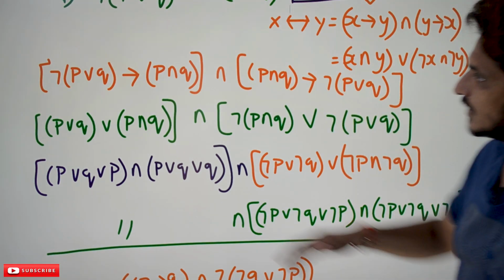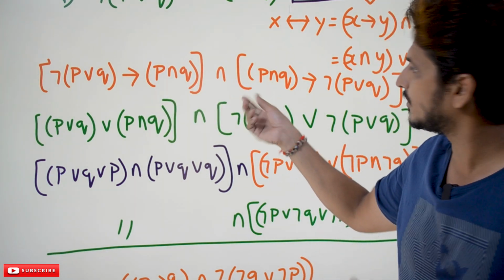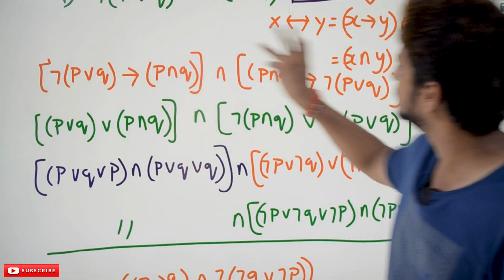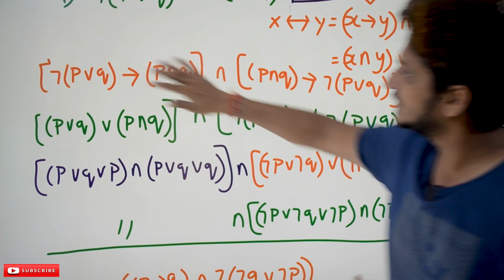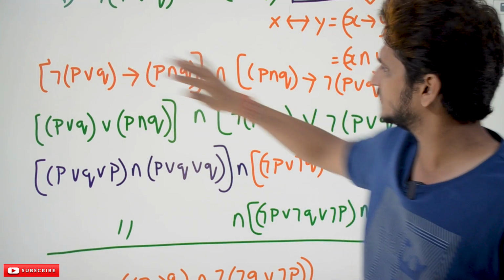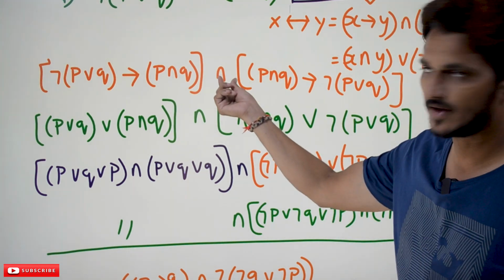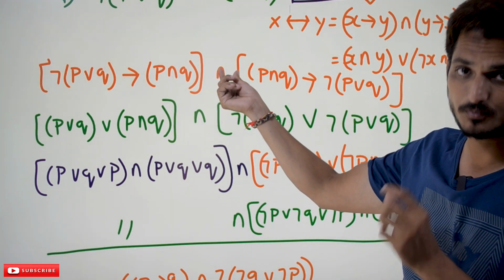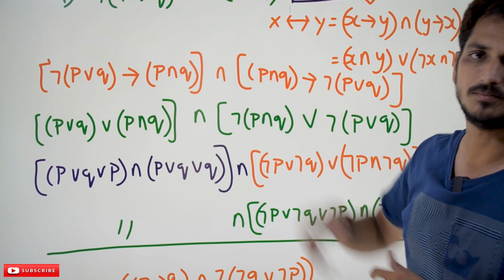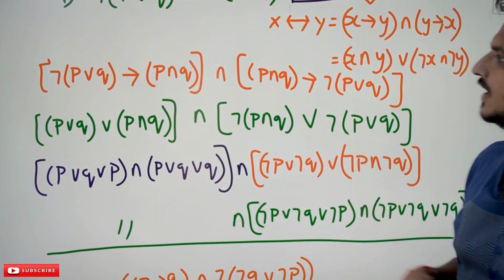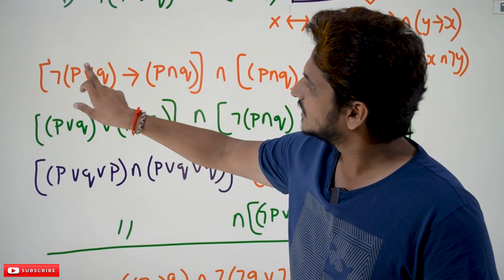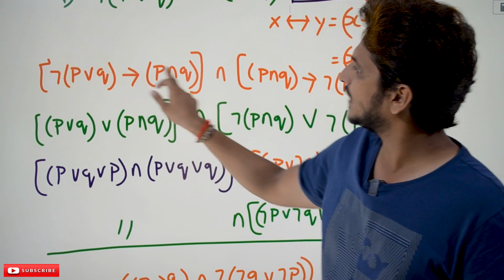Now again try to convert this. This is in the form of product of sums, so try to convert each side into product of sums, because in between we have the conjunction symbol. Take this as x implies y.